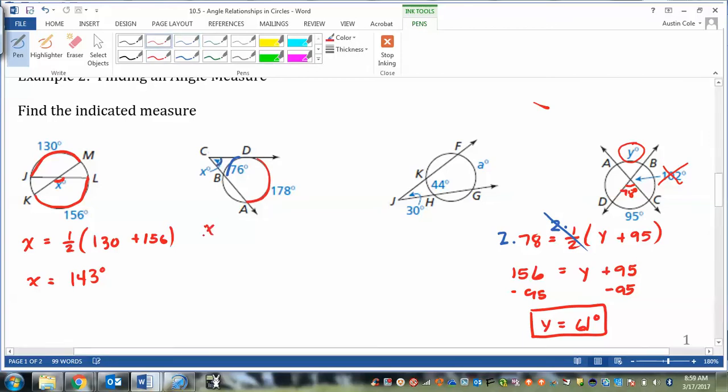So x is going to equal 1/2 the big arc, which is 178, minus the little arc, which is 76. What's 178 minus 76? 102. What's half of 102? 51. So that angle, x right there, is 51 degrees.